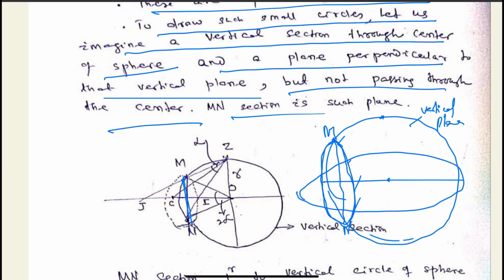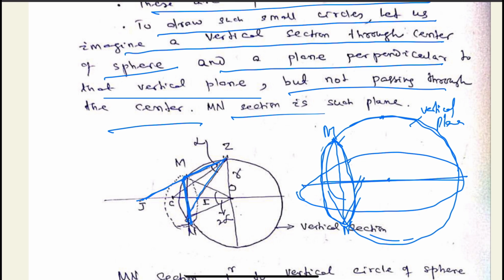So we have taken the vertical section, and we have taken the section MN perpendicular to that vertical section, and we have projected this circular section into this vertical plane. How? If we project this N point to the zenith, it will pass through the vertical plane at the point I. If we project the point M, it will appear at the point J in the equatorial plane.